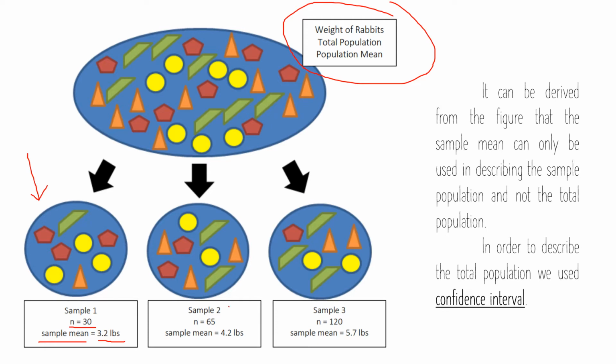In sample 2, we have n equal to 65, so your sample size is 65 and your sample mean is 4.2 pounds. For sample 3, your n or your sample size is 120 and your sample mean is 5.7 pounds.